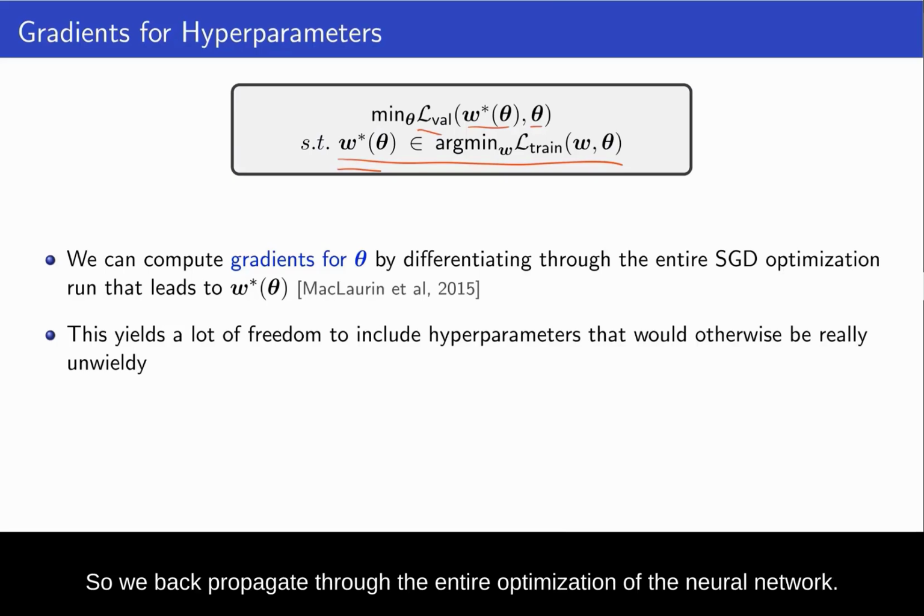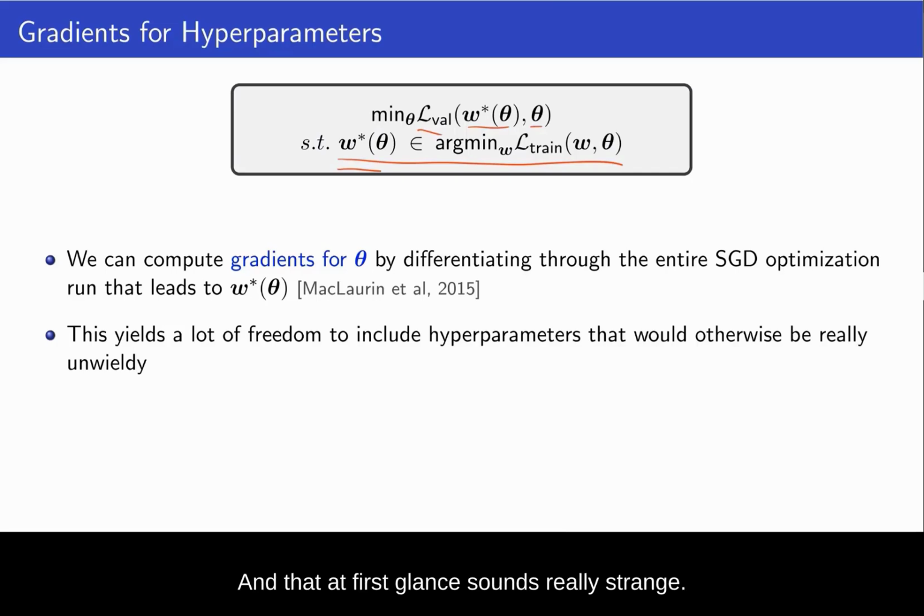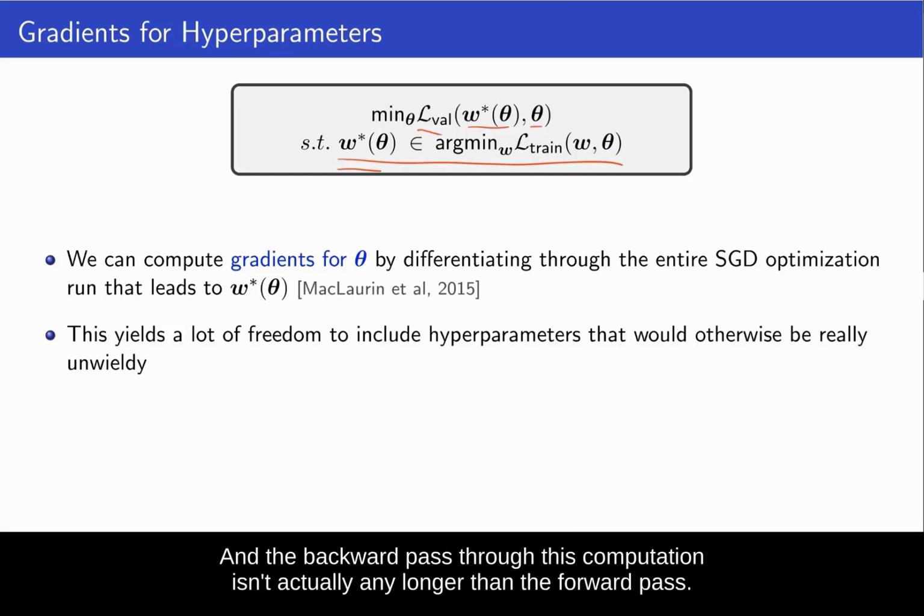So we backpropagate through the entire optimization of the neural network. And that at first glance sounds really strange. SGD is something that actually runs for many, many steps. But if we write it as a computational graph, then executing SGD is basically just a forward pass, and the backward pass through this computation isn't actually any longer than the forward pass.